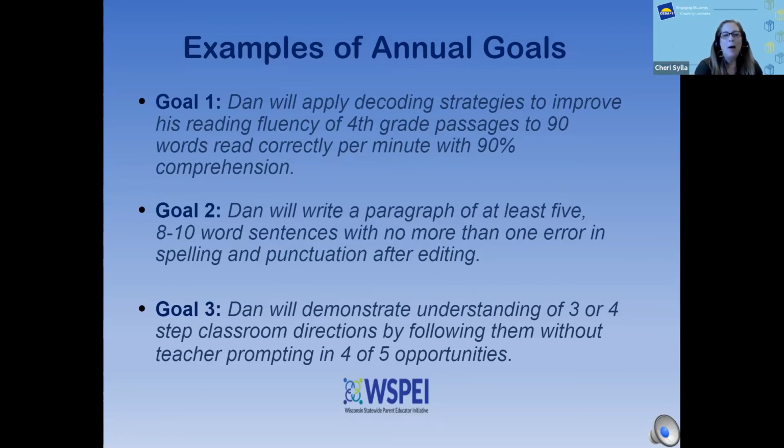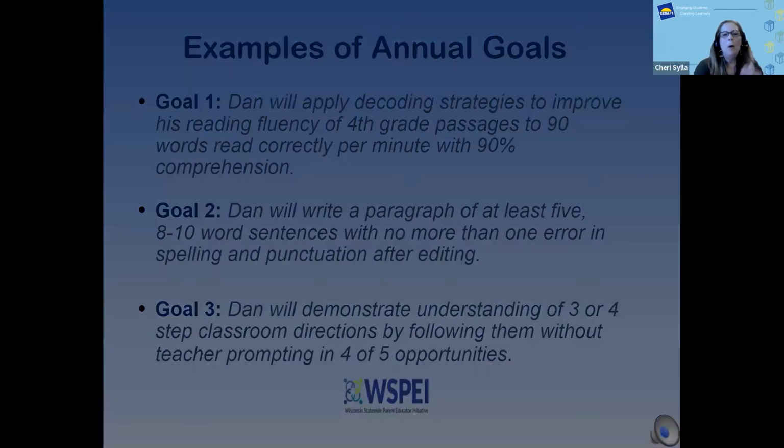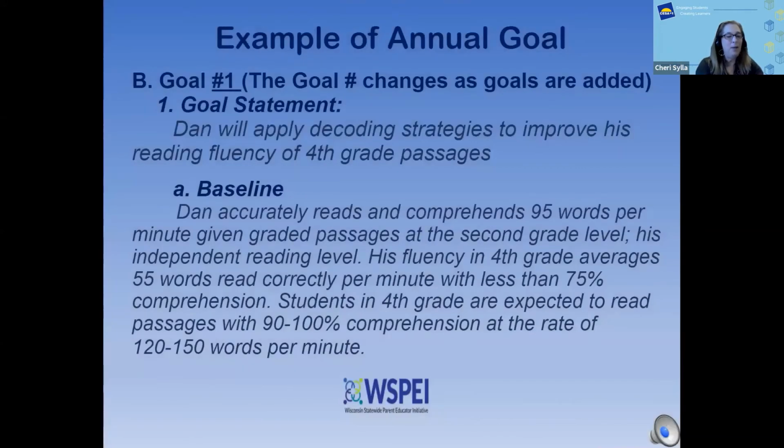And so now what we would see in the IEP forms, if it was in an IEP: Dan will apply decoding strategies to improve his reading fluency of 4th grade passages. We've got baseline data. So this, in the original IEP, which was a sample IEP we used years ago, is what was in the present level.